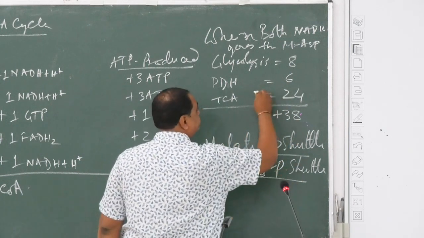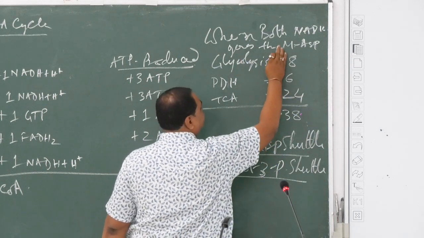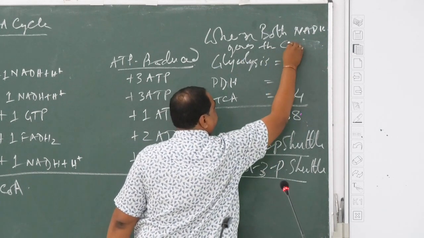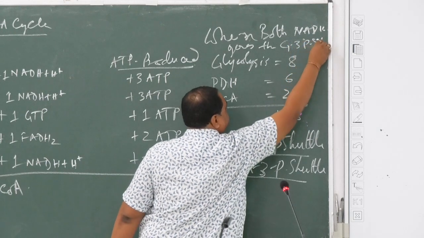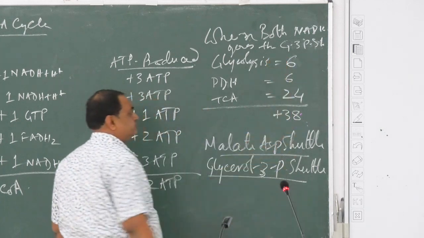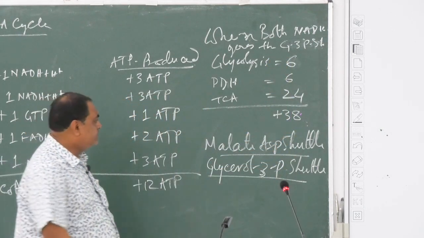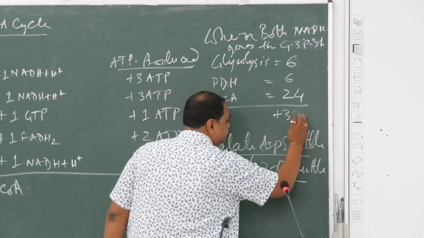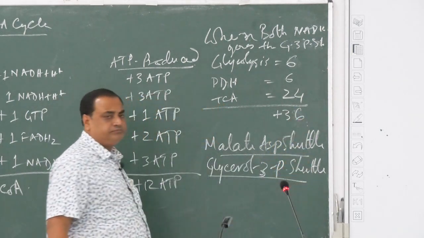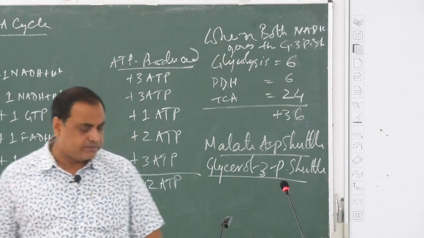When both go through the glycerol 3-phosphate shuttle, then this 8 will become 6, and this will become correct.